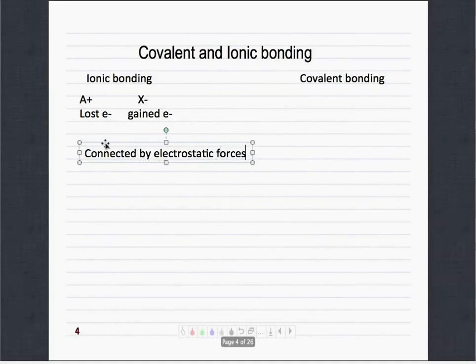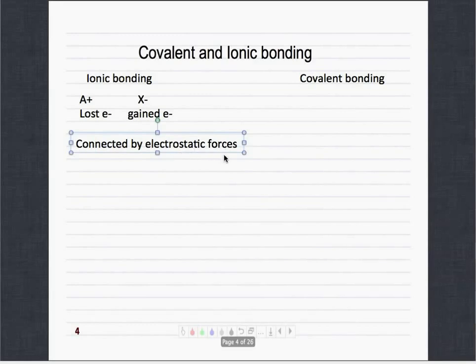Ionic bonding usually takes place between groups 1A and 2A on one side, and the non-metals of groups 6A and 7A, and 5A, on the other.